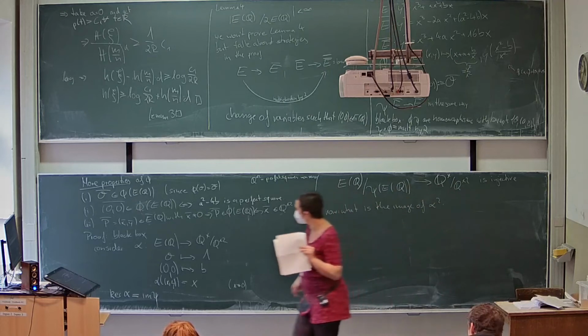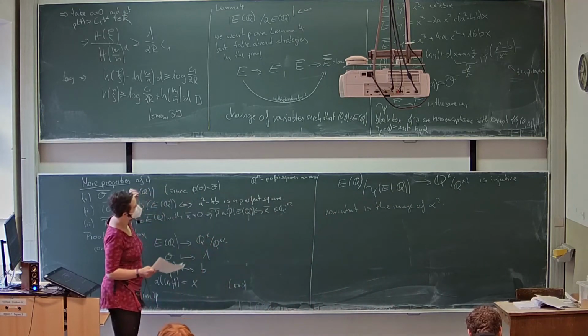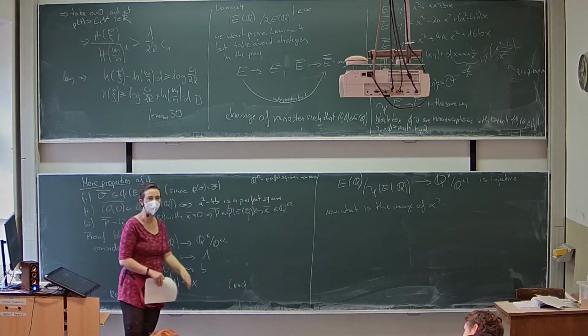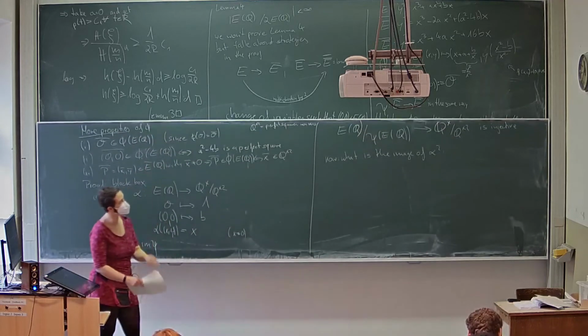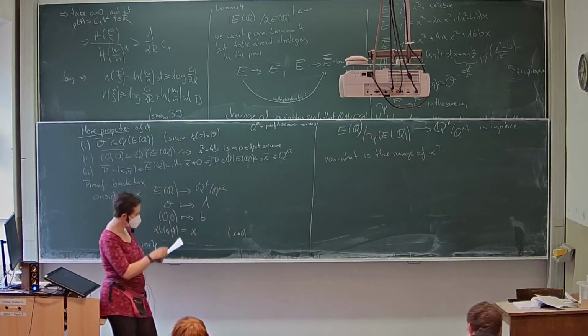And how do we know what the image of alpha is? We want to know what the x-coordinate of a point can be modulo squares. So we're not interested in if we can divide out some squares or multiply with some squares.